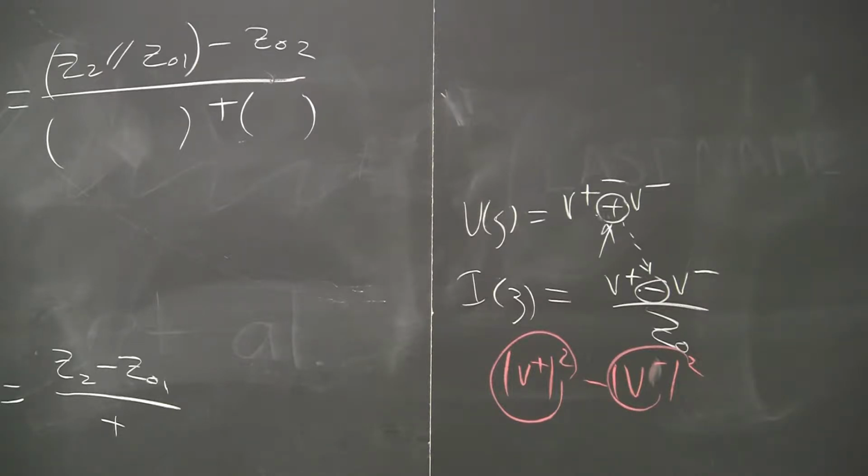What you get back here is rho 2 times 1 plus rho 1 times T2 times T1. By the time you reach here, it's going to be rho 2 times 1 plus rho 1 times T2 squared times T1, T1 squared.